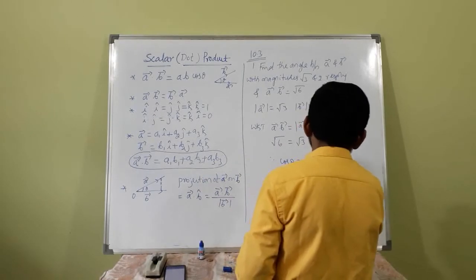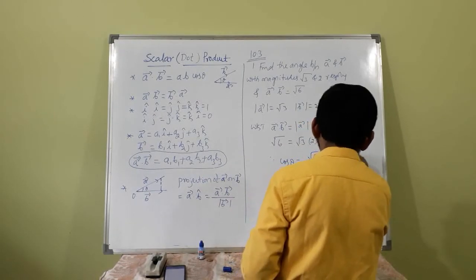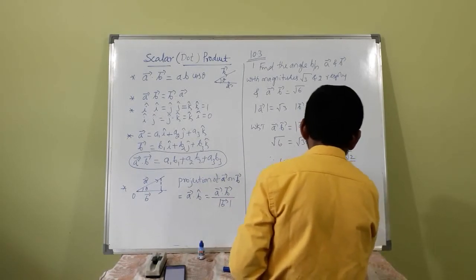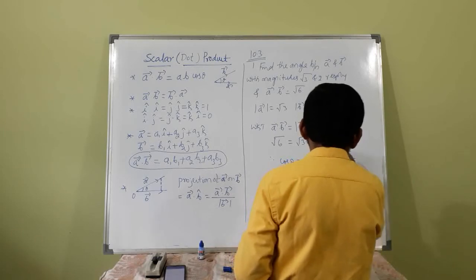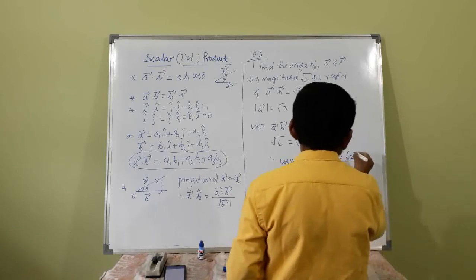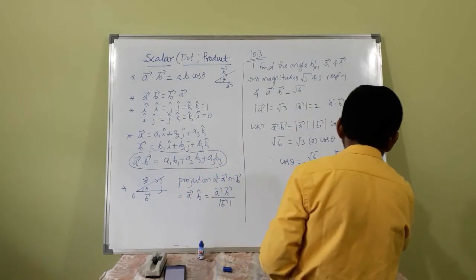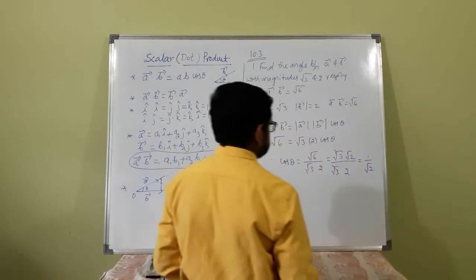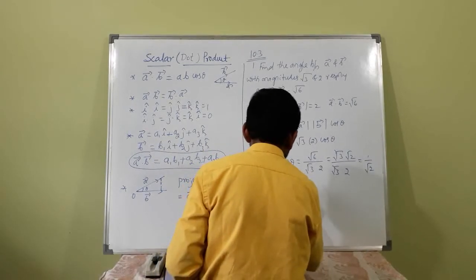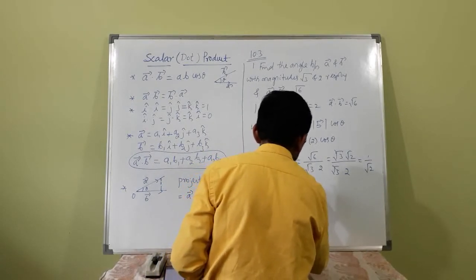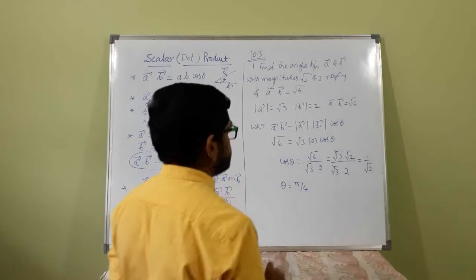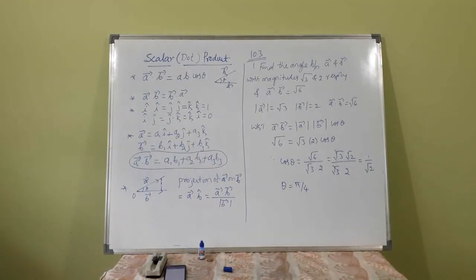Root 6 is nothing but root 3 root 2, so the root 3 gets cancelled. Root 2 divided by 2 means 1 by root 2. Cos theta is 1 by root 2, which means theta will be pi by 4 or 45 degrees. The angle is 45 degrees.